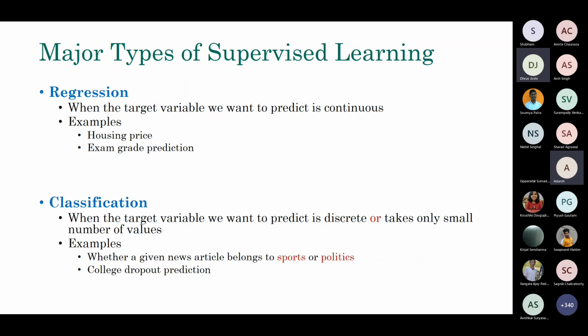For example, whether a given news article belongs to sports or politics, or whether somebody is going to drop out of a particular college depending upon previous performance or behavior. You can do this using classification. The number of possibilities is limited and essentially discrete in nature. So once you get the data, the first task is to determine whether to go for regression or classification.